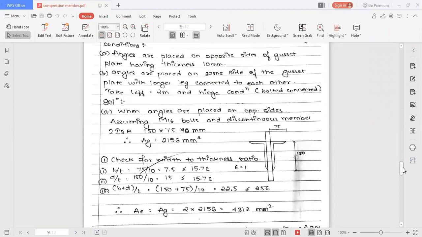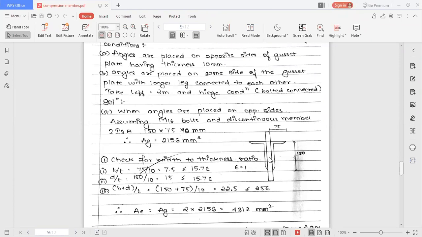So when the angles are placed on the opposite side, here you are going to assume the M16 bolts and the discontinuous member. तो यहाँ पे आपको क्या दिया हुआ है? Indian standard angle दिया हुआ है, that is of the size 150 by 75 by 10 mm, and the gross sectional area is given to you, that is 2156 mm square. Here you can see, अगर opposite side में आपके angles placed है, so like this diagram will be there.